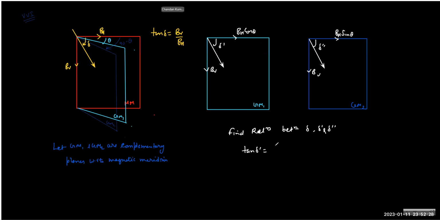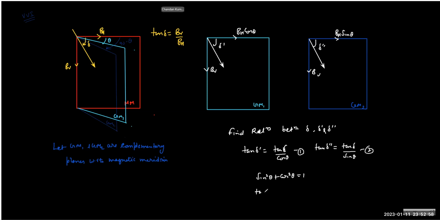Yeah, so I can write directly. And tan delta double dash will be how much? Tan delta by sin theta. And because theta is the variable, can we eliminate theta from these two equations? So we know the answer, sin square theta plus cos square theta, and that is the best way to eliminate.